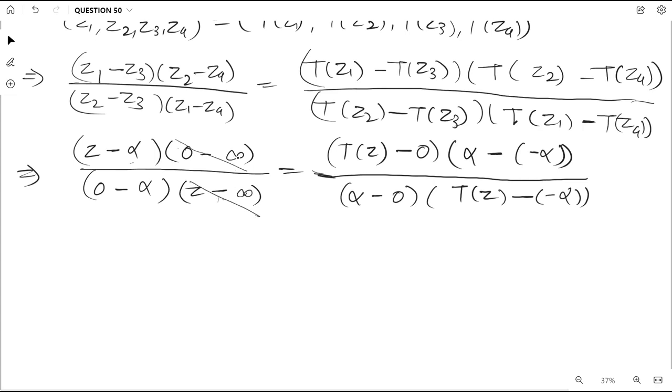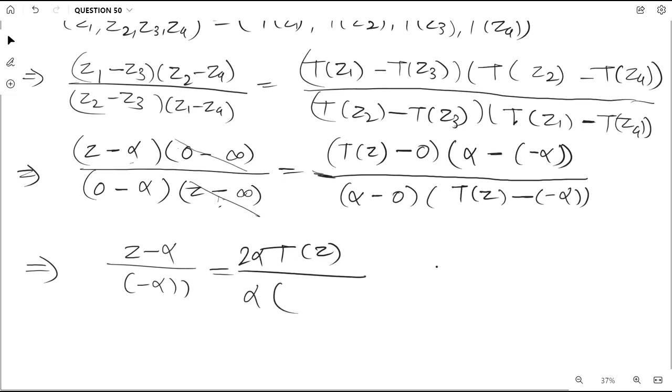So we will not write these two factors because they include infinity. So this becomes (z minus alpha) divided by minus alpha, which is equal to T of z into (alpha minus minus alpha), which becomes twice alpha, divided by alpha into (T of z plus alpha).